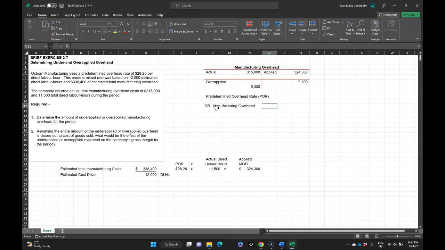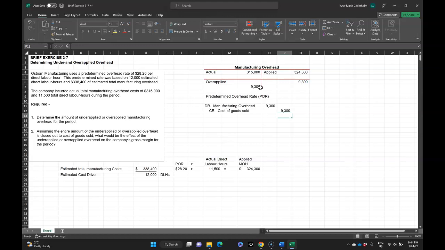I'm just going to copy that, 9,300. And then this might feel weird to you, but now we have to decrease our cost of goods sold by 9,300. So that's recording the over-applied manufacturing overhead.